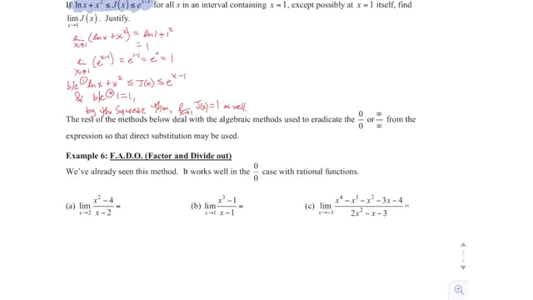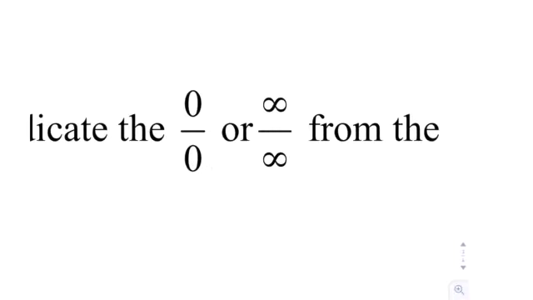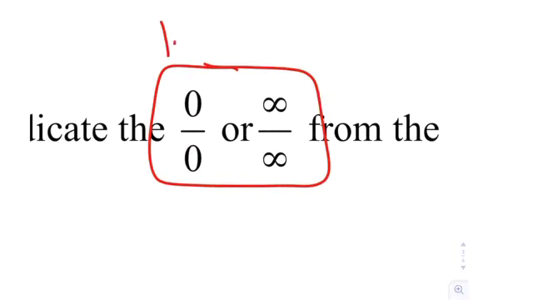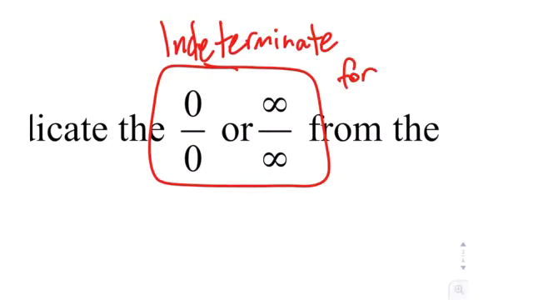Okay. So starting at example 6, if we use direct substitution and we get one of these two forms, these are called indeterminate forms. That means that from that number, you cannot, in general, determine the limit.